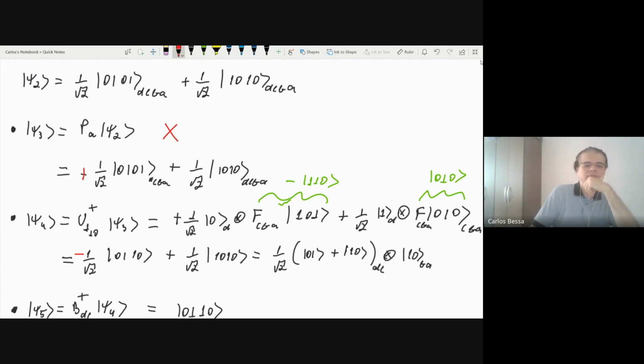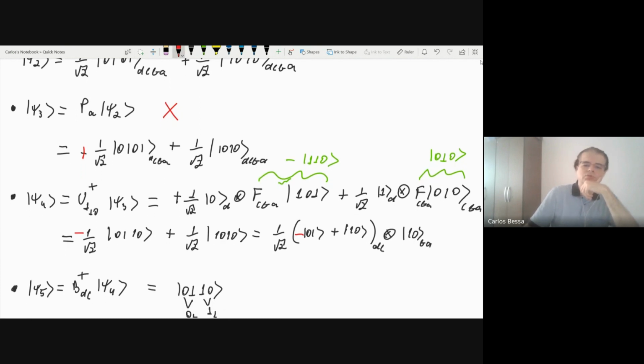This is the logical zero, this is the logical one. So when we apply the Hadamard gate again, this will be minus the logical one. So this will be 1, 0. So this is the logical one.